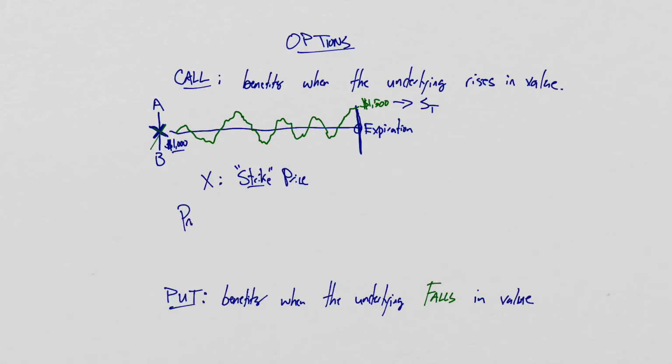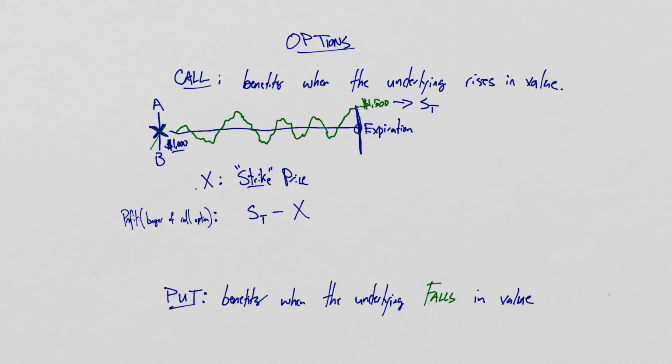And so to calculate the profit for the buyer of this call option, what we can do is look at what they have the right to buy it at, the strike price, and compare that to what ultimately the spot price ended up at.